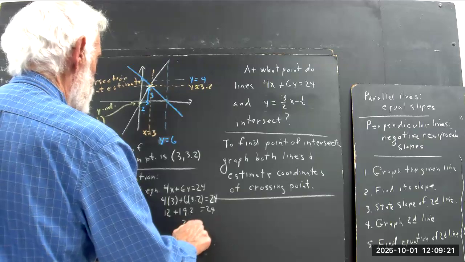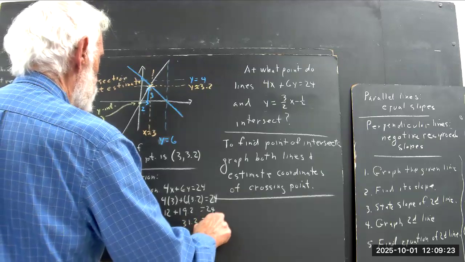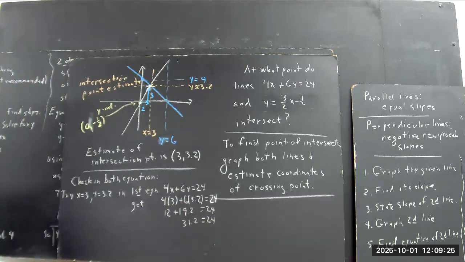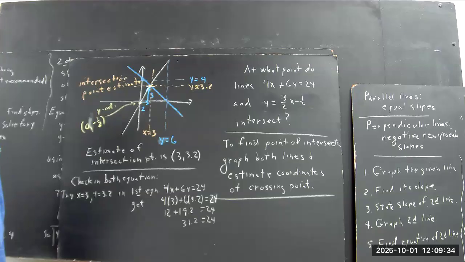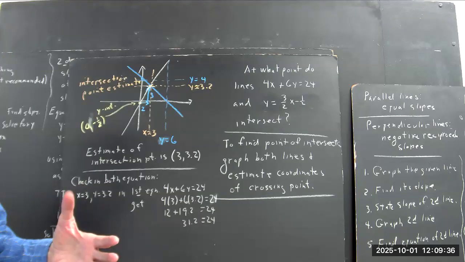That's 31.2 equals 24. Okay, so this point isn't all that close to being on the first line. That makes sense?